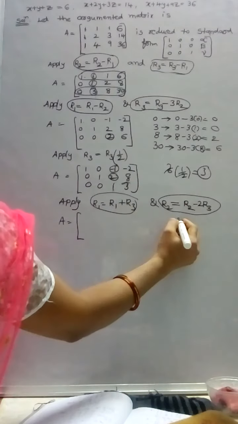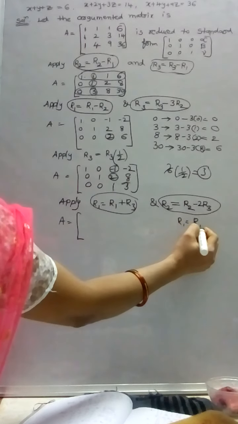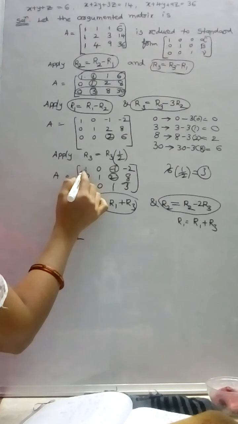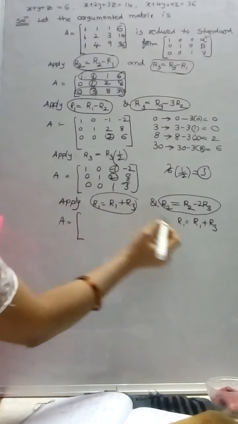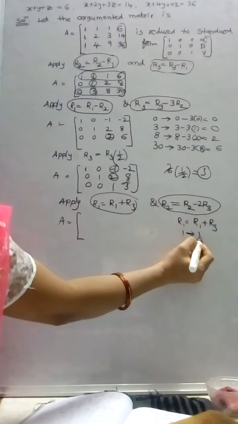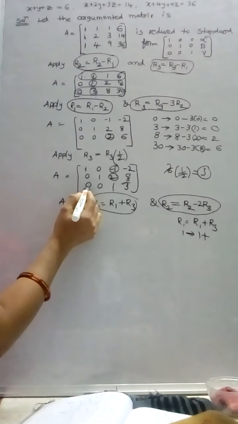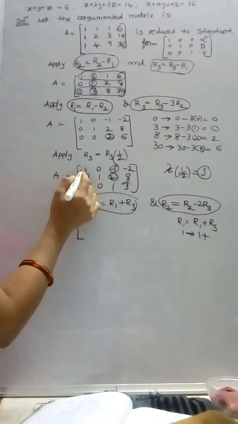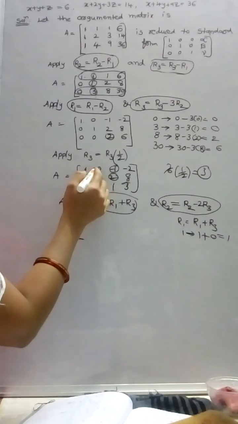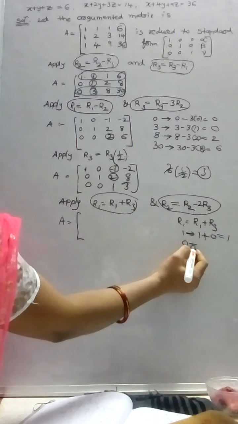R1, this is the R1 order: R1 plus R3. In the first row we have element 1. That 1 element changed to 1 plus the R3 corresponding element, which is 0. 1 plus 0 is equal to 1. Next here we have 0.